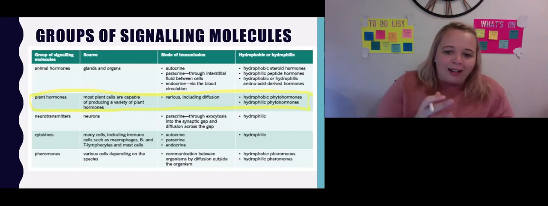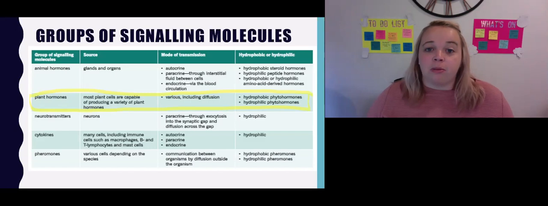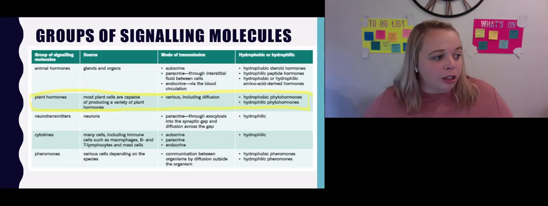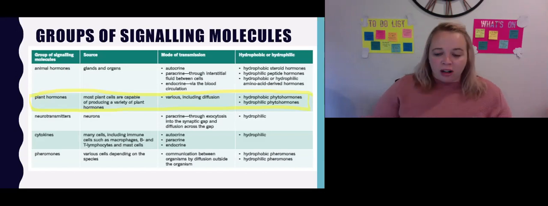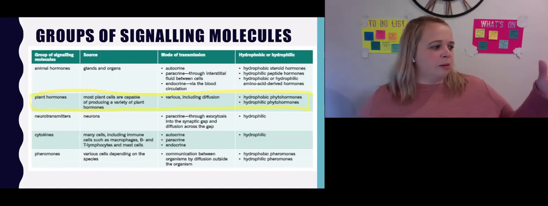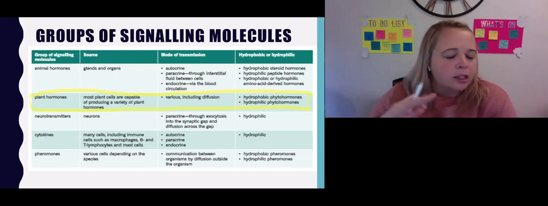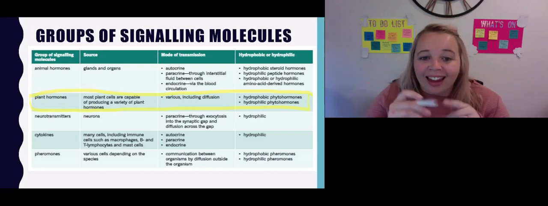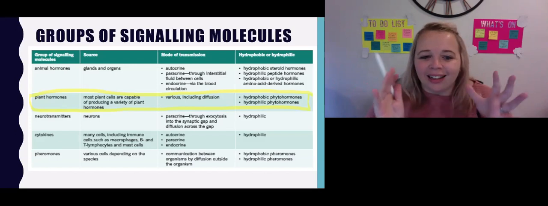So let's have a look at plant hormones, and these ones are the ones that are produced by plants. So they're signaling molecules that have various modes of transmission, just like animal hormones. So with either of these, you're not going to be asked, is an animal hormone or a plant hormone transmitted by autocrine? That's not going to be a question, because it can be paracrine and it can be endocrine. So it's unlikely that they're going to ask you that.